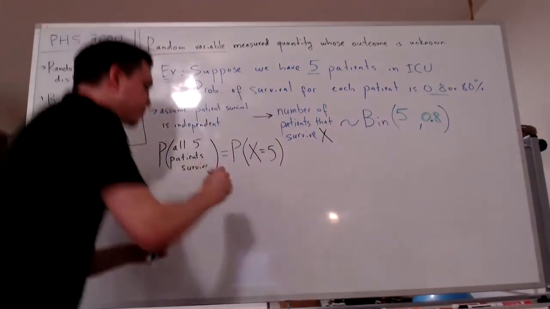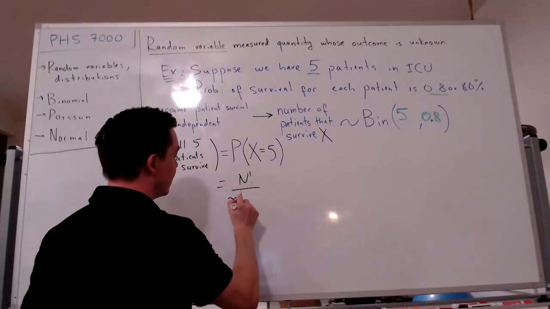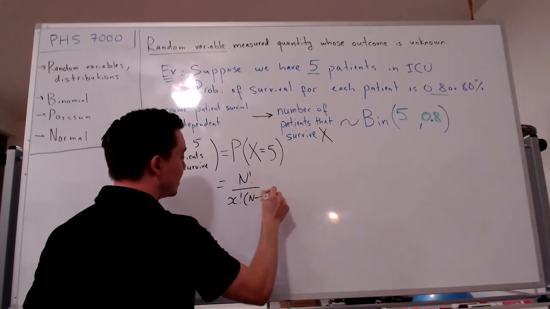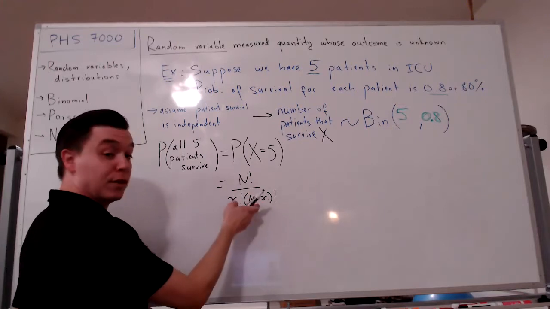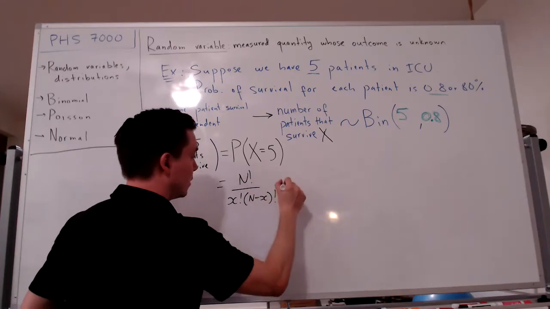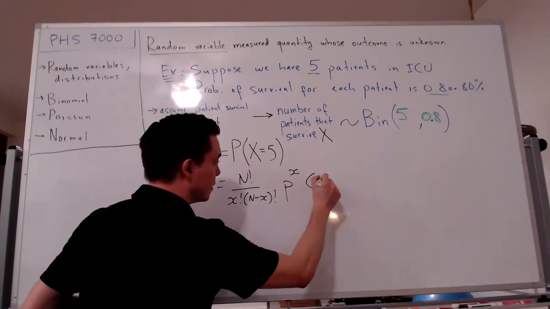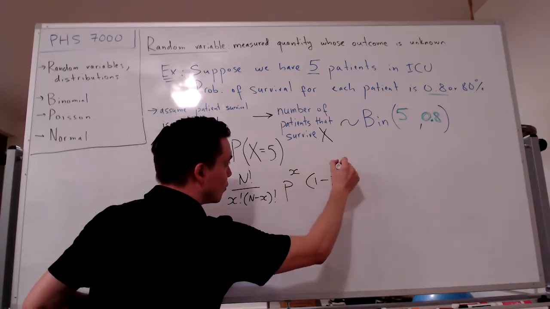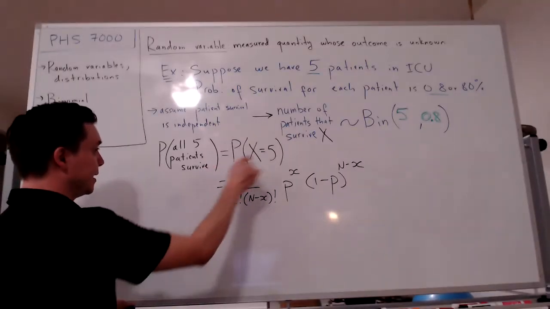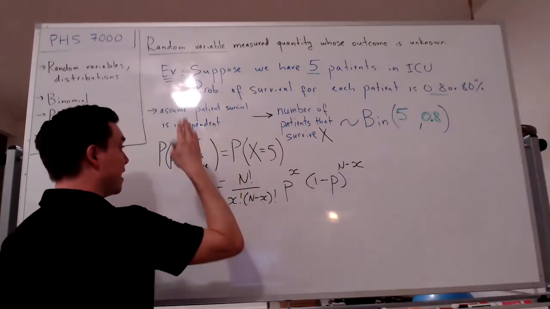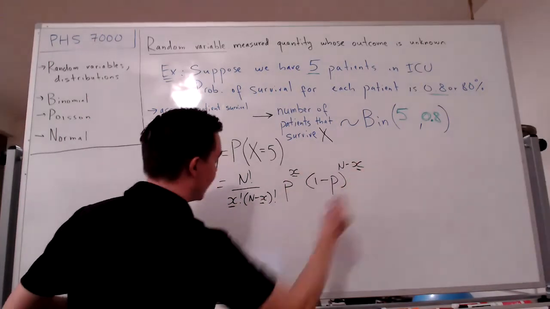All right, and now I'm going to remember my equations for the binomial. N factorial over x factorial times n minus x factorial, total number of trials, number of successes, number of failures, probability of success raised to the number of successes, probability of failure raised to the number of failures. And this is telling me the probability that my variable takes on some exact number x.